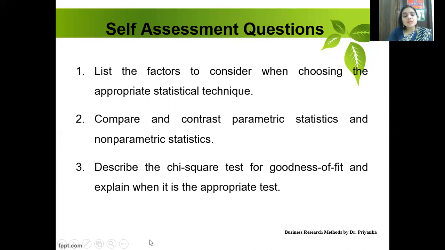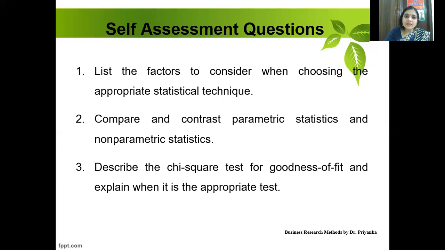Then second is how many variables you have in your study. If you have just one variable, you will go for a univariate test. If you have two variables, you will go with a bivariate test, and if you have more than two variables in the study, you will go with multivariate analysis. Then third is whether your data is parametric or non-parametric, which depends on the scale of measurement involved in the study.